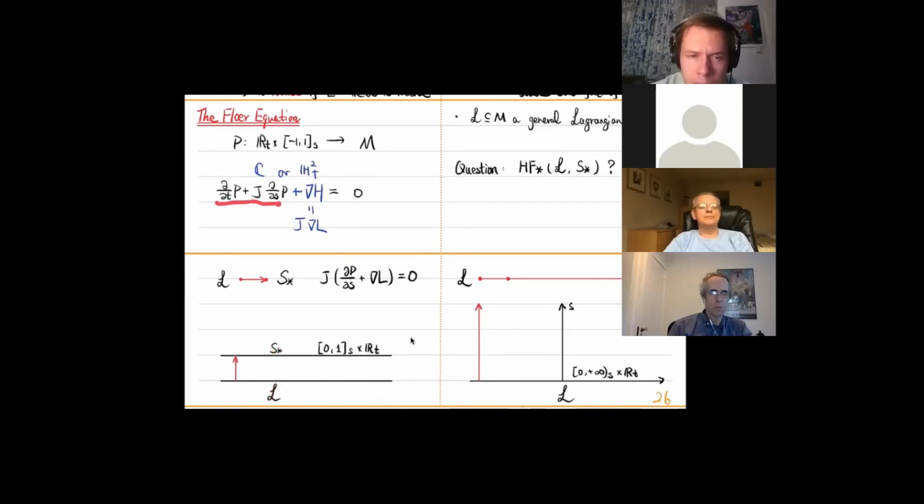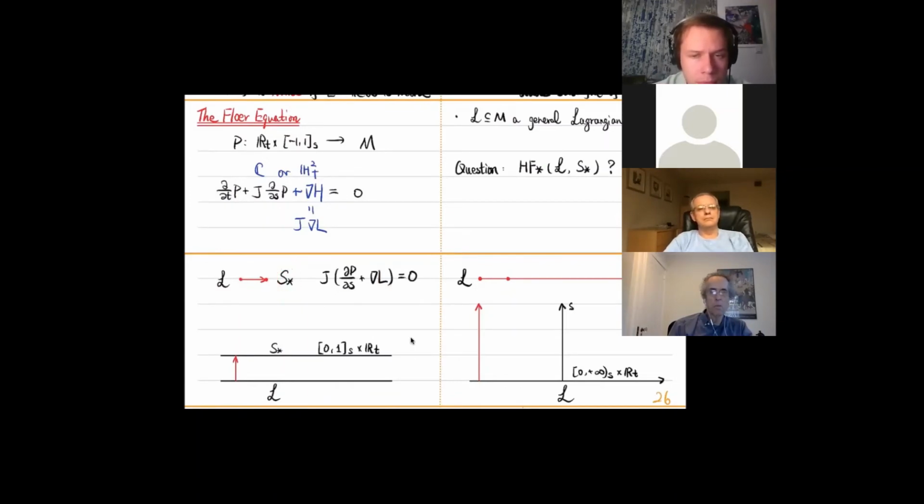Suppose here we work with this perturbed equation, and we look at time-independent solutions, so the time derivative is identically 0. Then a solution is simply a piece of downward gradient flow line of the real part. This flow line starts somewhere on the Lagrangian L. But the point is the other Lagrangian S star is the stable submanifold of the critical point.